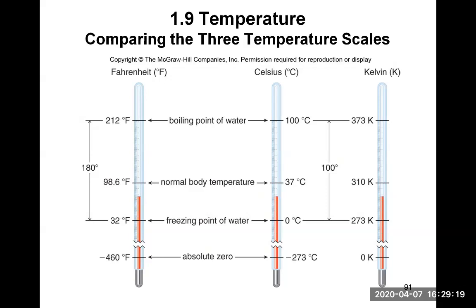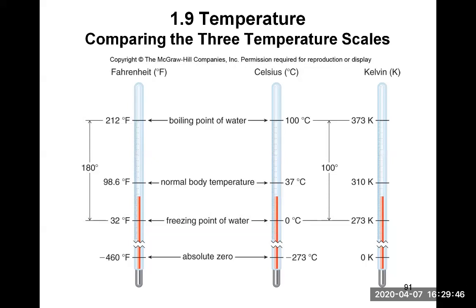That's the absolute 0. The freezing point of water will be at 0 degrees Celsius by definition. And so that's 32 degrees Fahrenheit and 273 Kelvin. Boiling point of water is 100 degrees Celsius or 373 Kelvin and 212 degrees Fahrenheit.